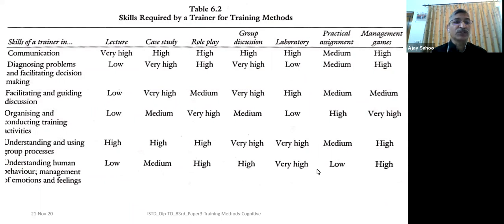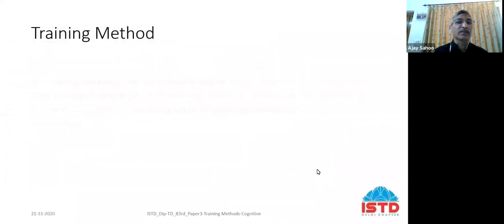Like for lecture, you require a very high level of communication, and you require a high level of understanding in using the group process, because you will be handling a big class. So these are some of the skills which the trainer requires while choosing a training method.